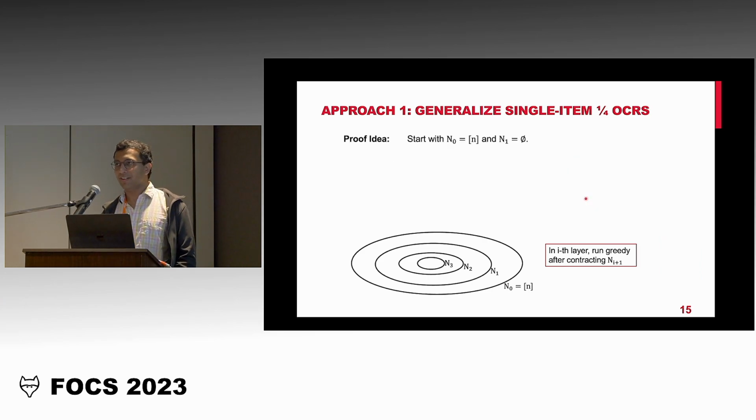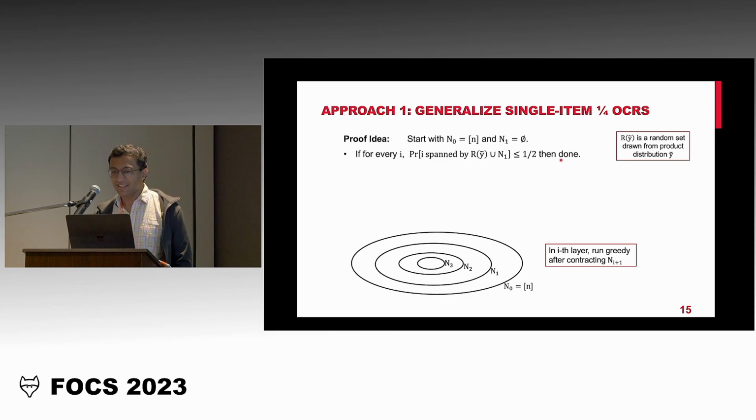And the way you construct the layers is also a very greedy approach. Start off with just the base layer. There's nothing in the higher layer. So there are two cases. Either every element already has a good chance of not being spanned, so you don't even have to worry about anything.